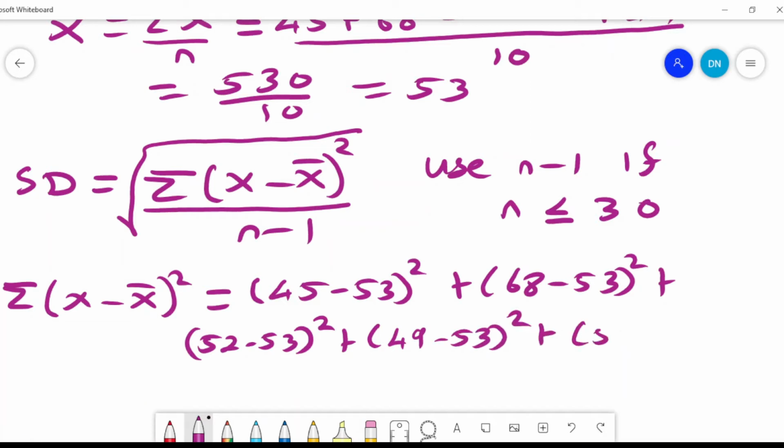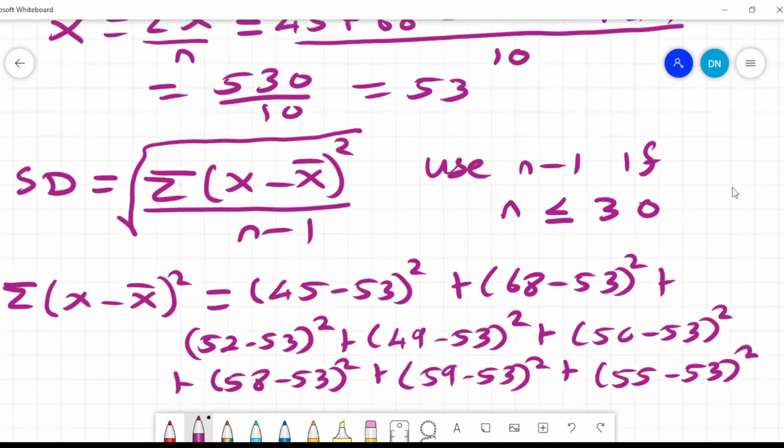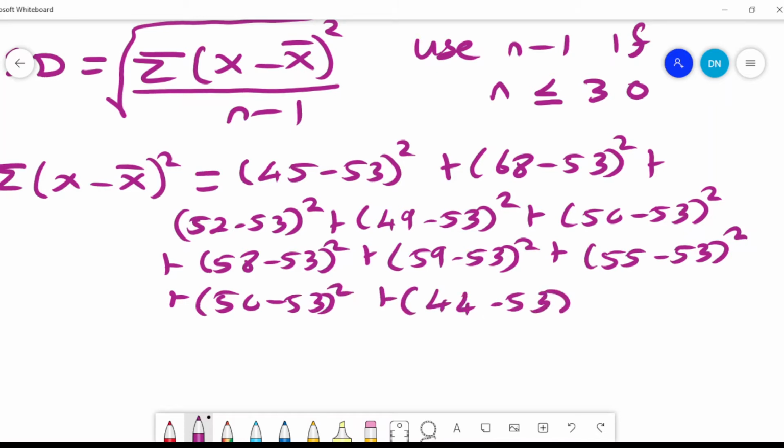And then we have 50, then we have 59 minus 53 squared, and then 55 minus 53 squared, and then finally we have the last two values, which will give me 50 minus 53 squared plus 44 minus 53 squared.